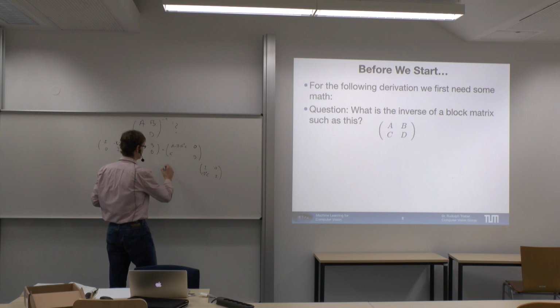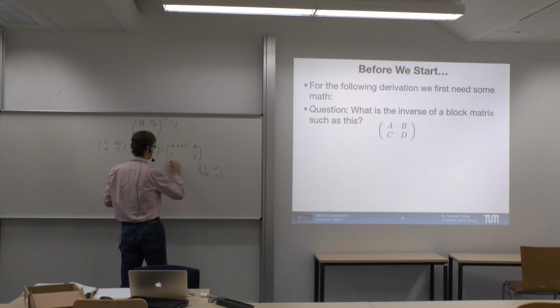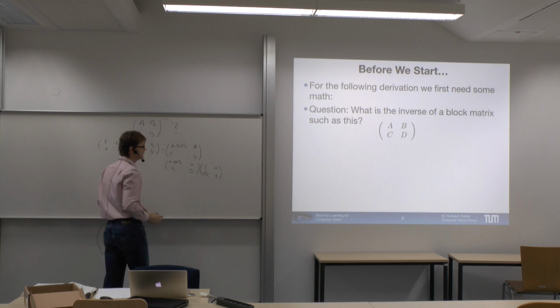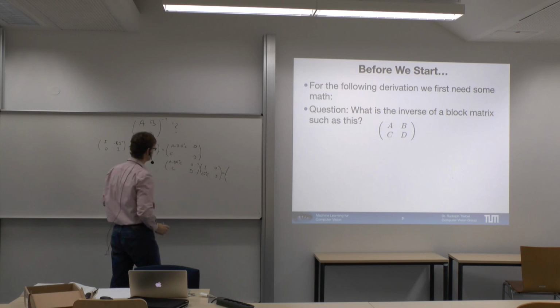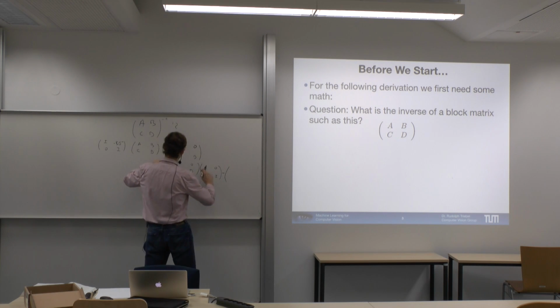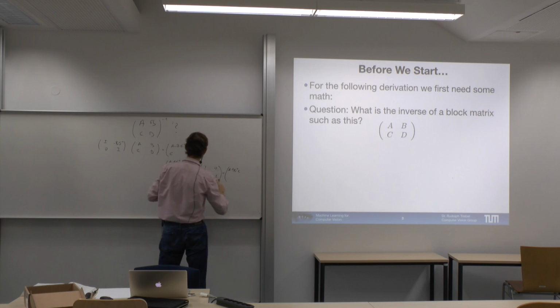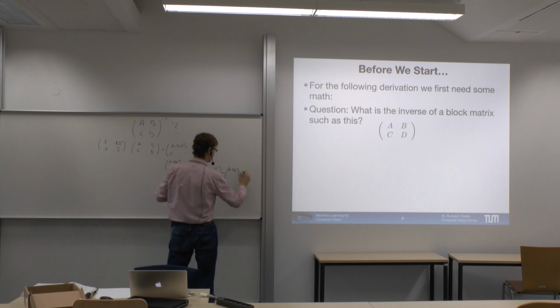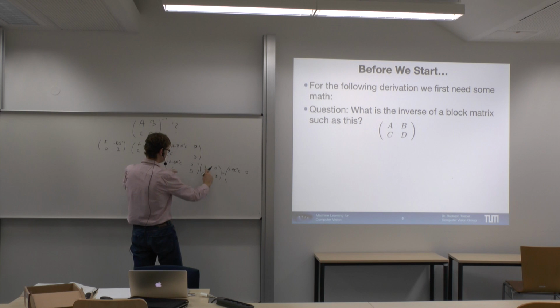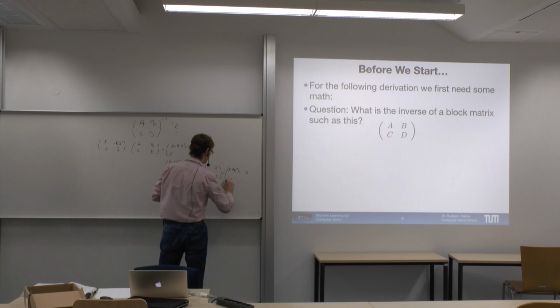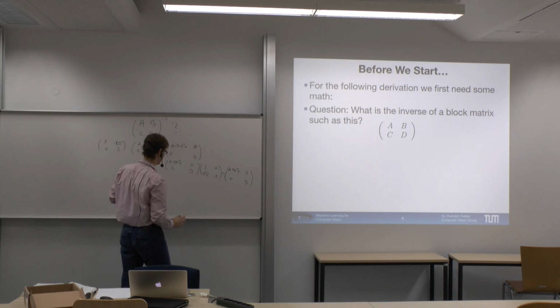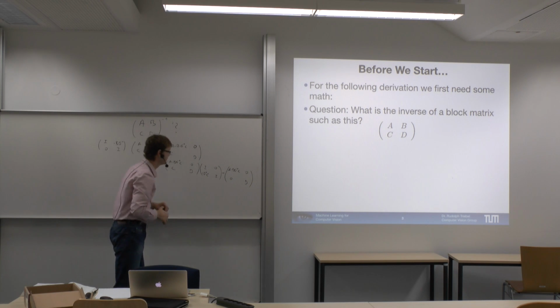So we have A minus B D to the minus 1 C, 0, C, D. We copy that: A minus B D to the minus 1 C. This is 0, this is 0, this is C, this is D times D to the minus 1 times C, so this is again 0, and this is D. Is that correct? Yes.